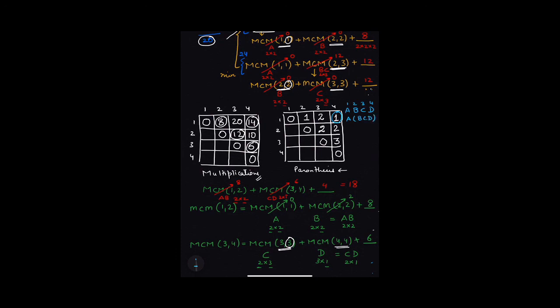Now, from BCD, we can see that we have split our matrix from the second location. So this becomes AB and, split from the second position, this becomes C. So basically, we are first multiplying CD, then we are multiplying B with CD, and then we are multiplying A with BCD. This is the order from where we have got the minimum cost for multiplying these four matrices.